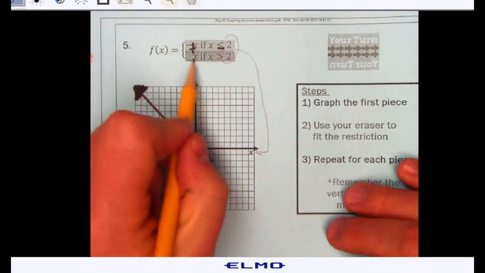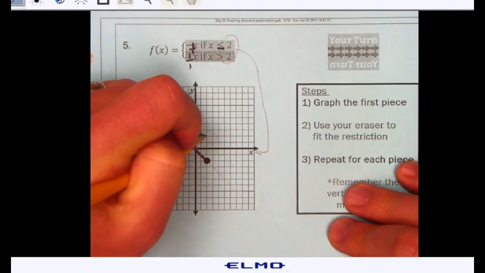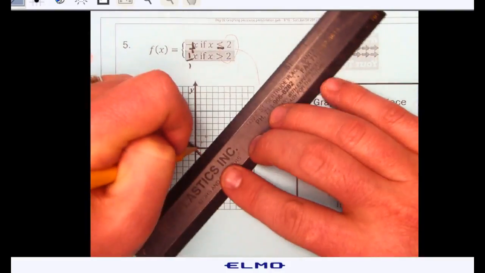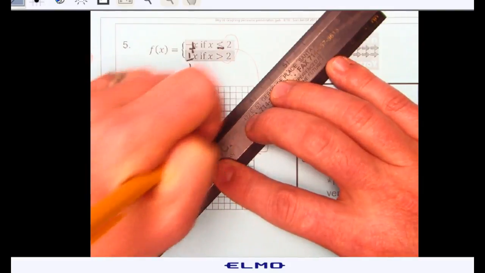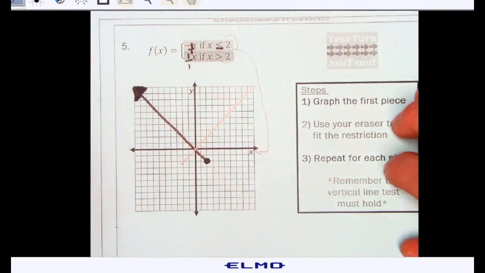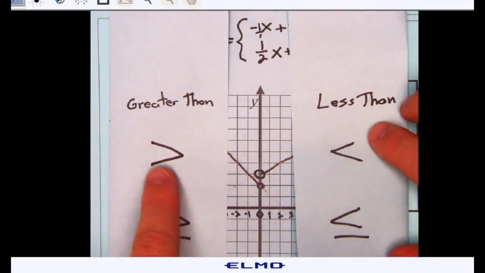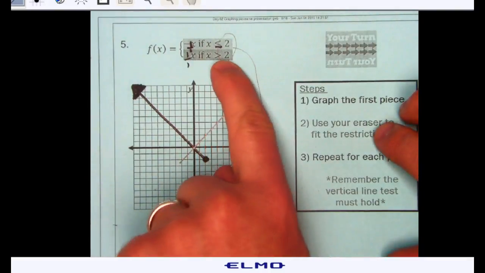Let's do the next one. Graph x, just 1 over 1x. So just start here, go up 1 over 1. And since this is a greater than, for greater than you want to fold the left side of the paper and go to the same number, go to 2.